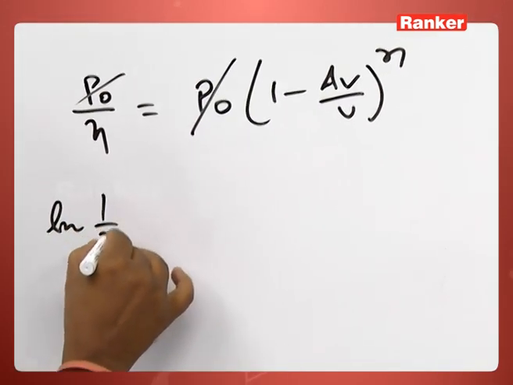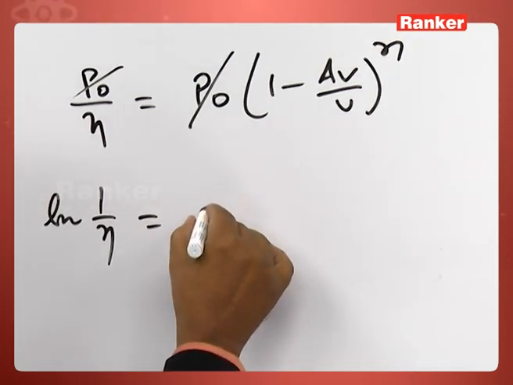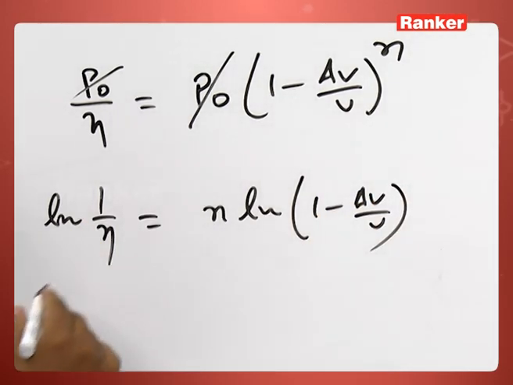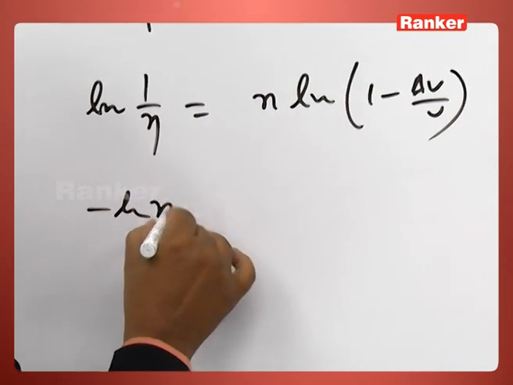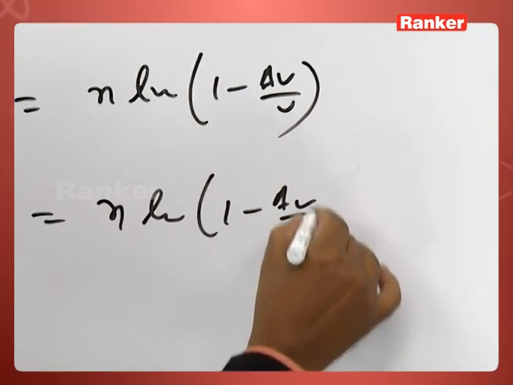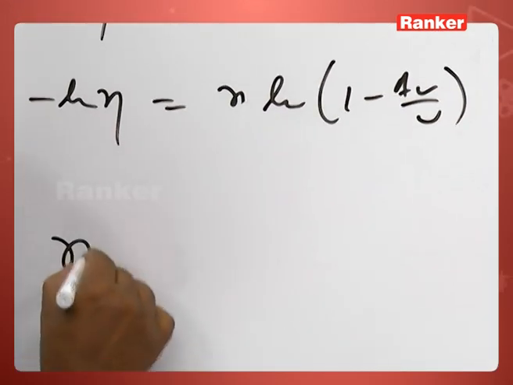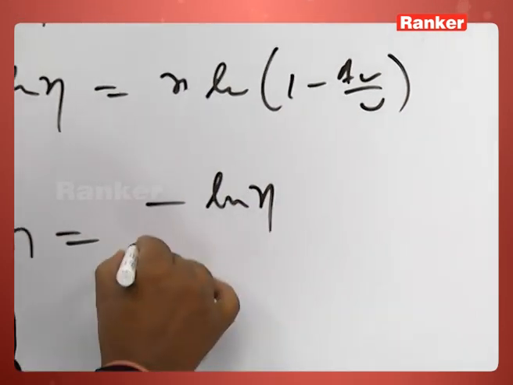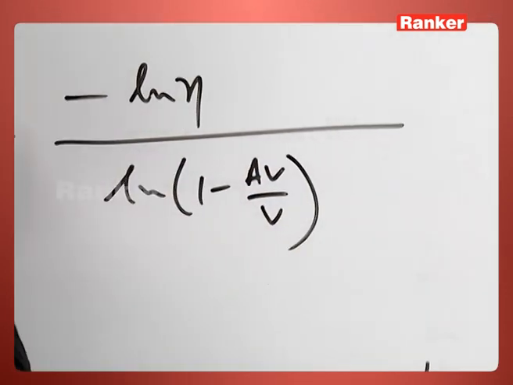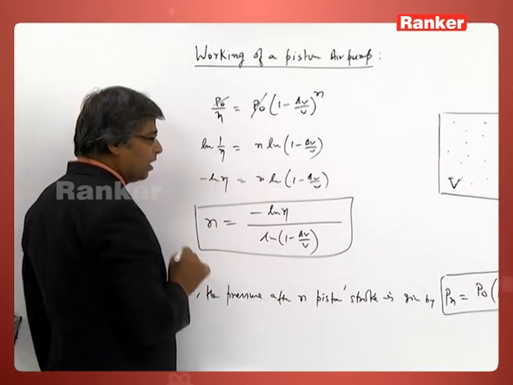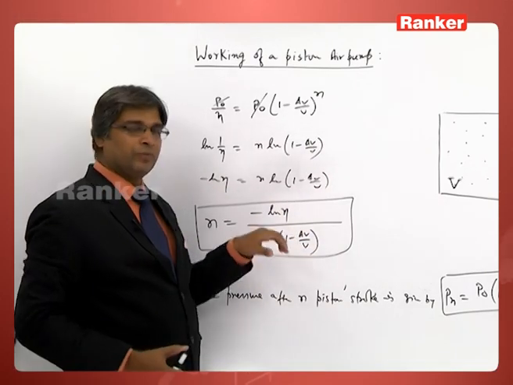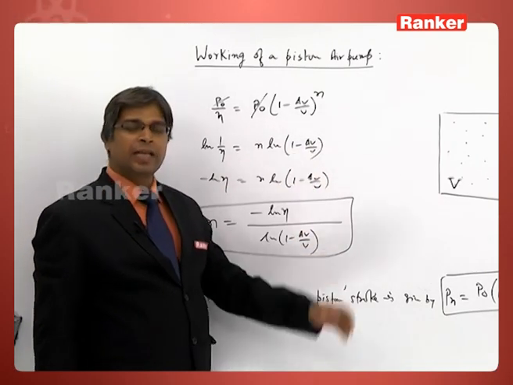So ln 1 by eta is n times ln of 1 minus delta V by V. So minus ln eta is equal to n times ln of 1 minus delta V by V. So the number of strokes n is minus ln eta divided by ln of 1 minus delta V by V. So this is the number of strokes required to reduce the pressure in this vessel eta times. This is how a piston air pump works.